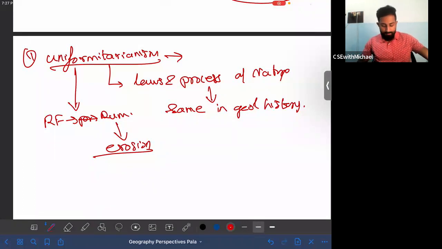It refers to the physical and biological processes and laws which operate today, which have also operated throughout the geological time, and will also operate in the future, although not necessarily with the same intensity as now.